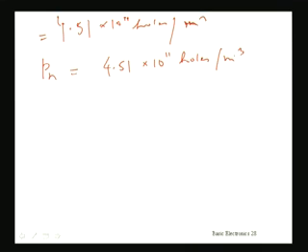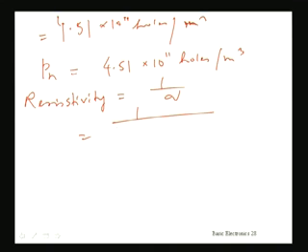Now, next part I have to find out resistivity. So, resistivity is 1 upon conductivity. So, you just replace these values.